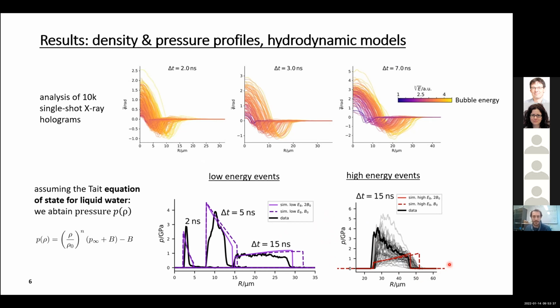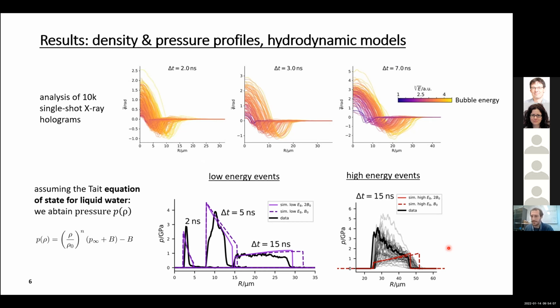Most importantly in the shape, so there's a different slope of the shockwave profile, but also in terms of peak pressure. And we believe that this is due to our hydrodynamic model, of course, which maybe cannot describe all the details of this complex process here, but most importantly also due to the equation of state that we assumed here.